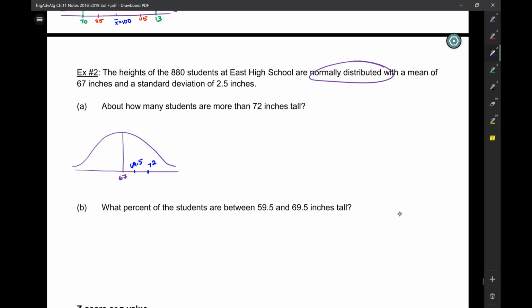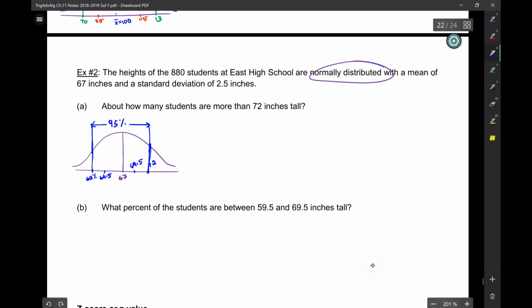And then I have the counterparts there. So 64.5, 62. So here, that's 2 standard deviations. So that much of it in the middle is how many percent? What percent is the 2 standard deviations? 95%.